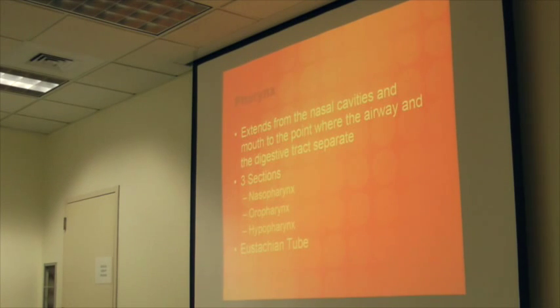The nasopharynx, you can write down, this is behind the nasal cavities. The oropharynx is behind the tongue, but I have something more specific. It says from the uvula to the epiglottis. From the uvula to the epiglottis.